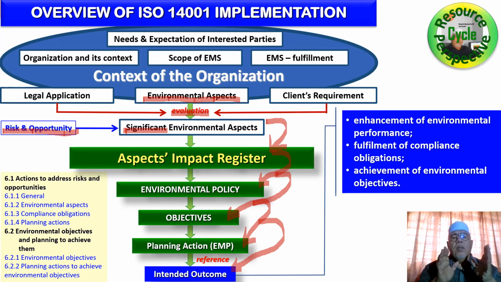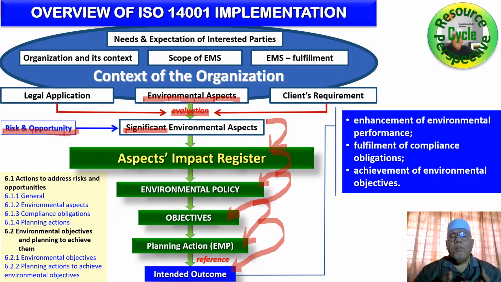Nonetheless, the objectives are set, and the planning actions or the environmental management program are set. We have to remember that all this has to be in line with the intended outcome.